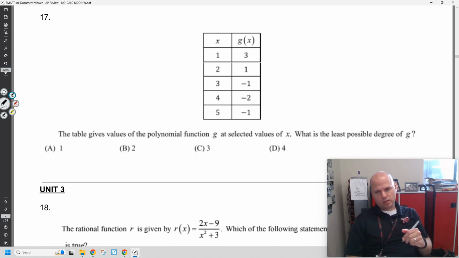Understanding polynomials, you will be able to determine the type of polynomial by which rates of change are constant. If this rate of change was constant, then I know I have a linear.